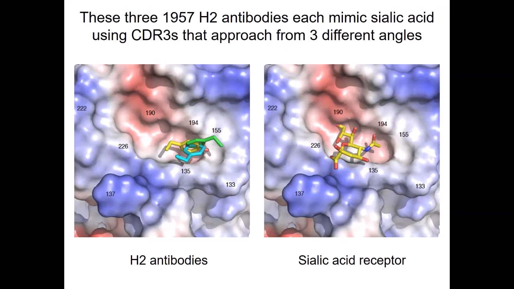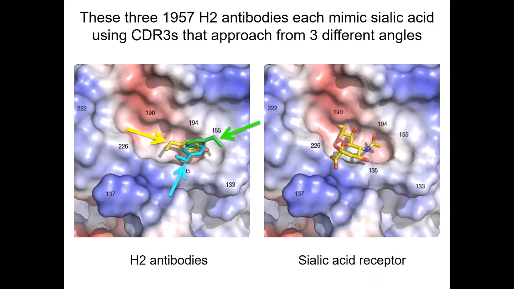And if you just look at a space-filling representation of the receptor binding domain, on the right is sialic acid bound into the receptor binding domain, and on the left are the aromatics. I'm just showing you the aromatics at the tip of the CDRs of these antibodies, and they come in from completely different angles, but essentially they deliver that aromatic residue in the correct position, and of course that mimics one of the interactions of sialic acid.